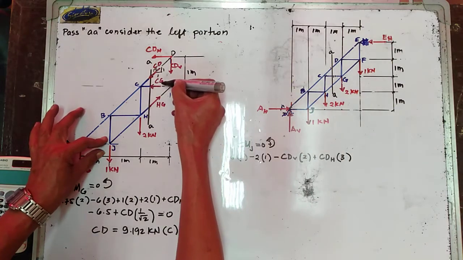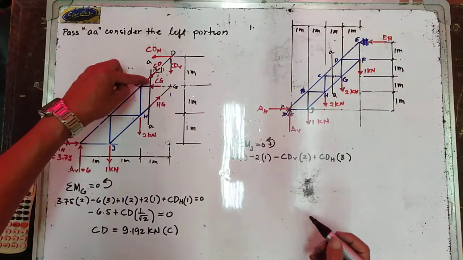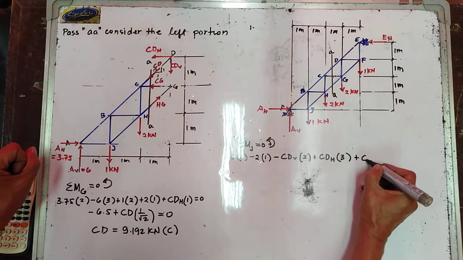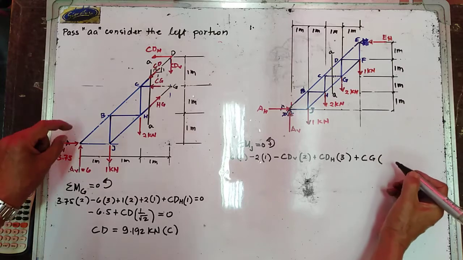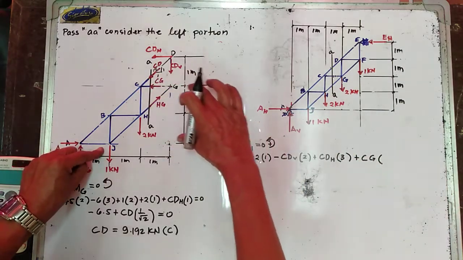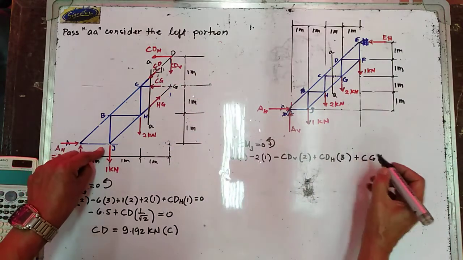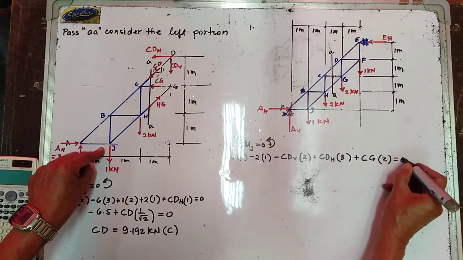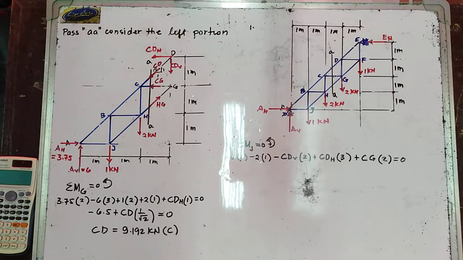And then plus CG counterclockwise about point J plus CG, the moment arm is equal to 2. And that one is equal to 0.